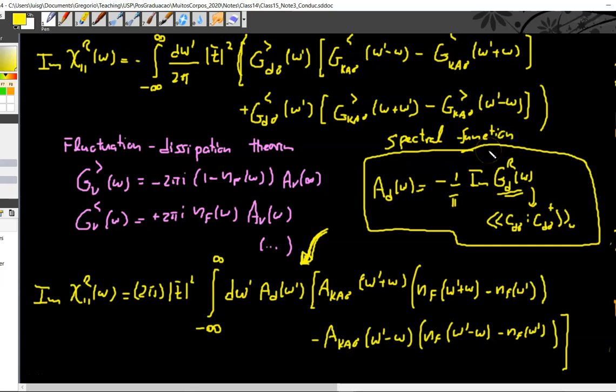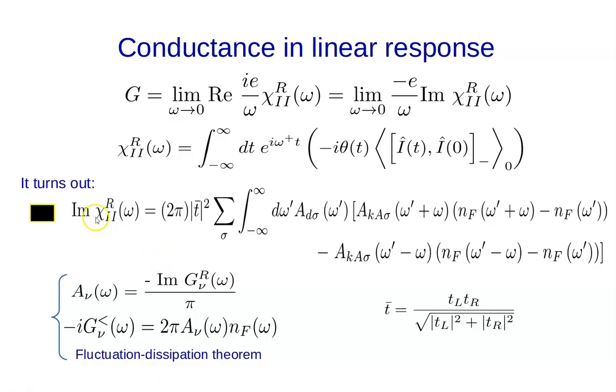So this was a long derivation, but we did it. Let's go back to the slide. All right, so this is the imaginary part of the current correlation function, and we can express the conductance in terms of these. So let's see how we do it.